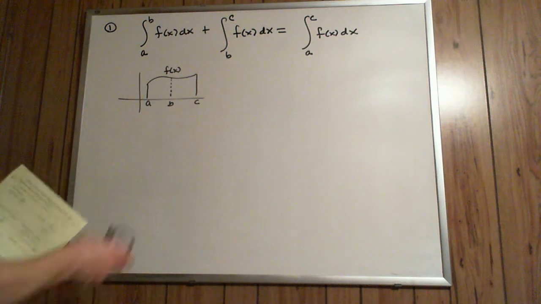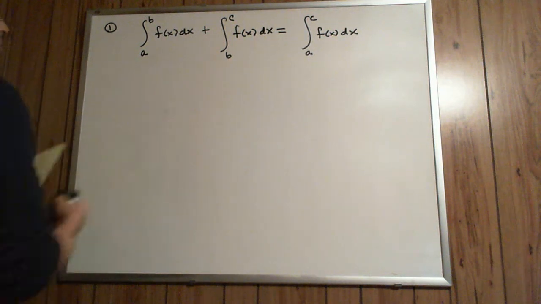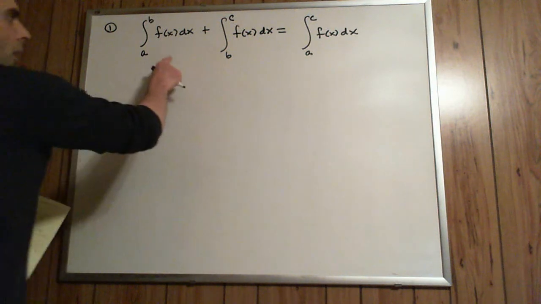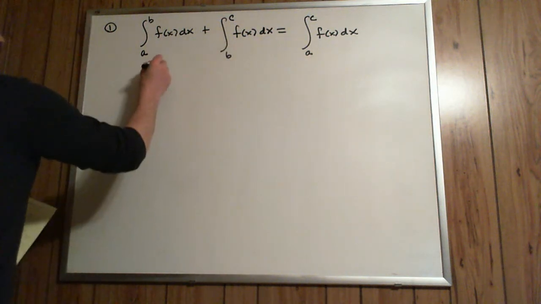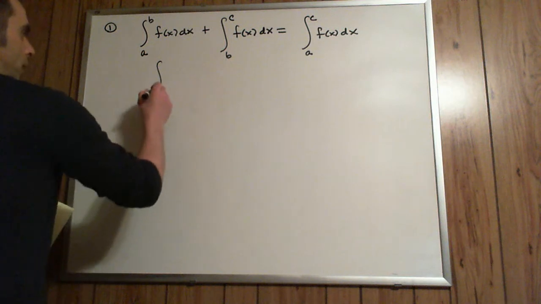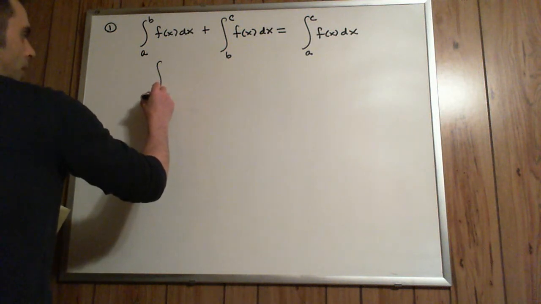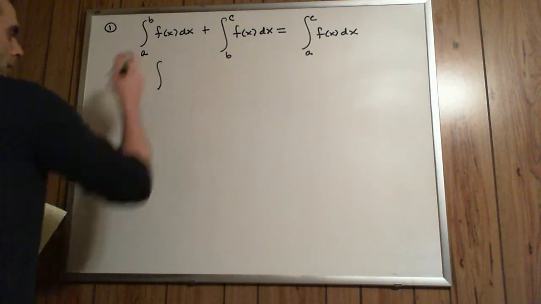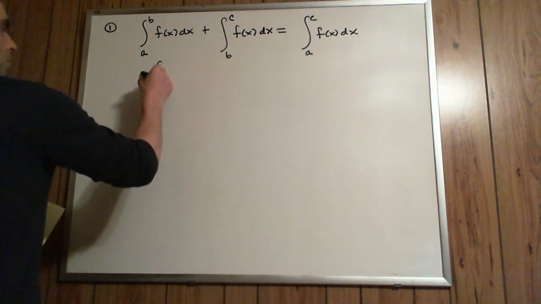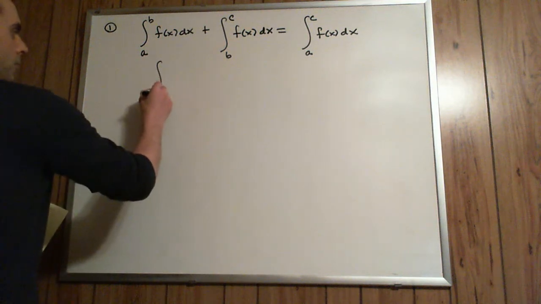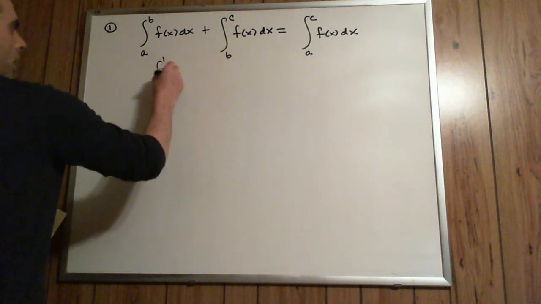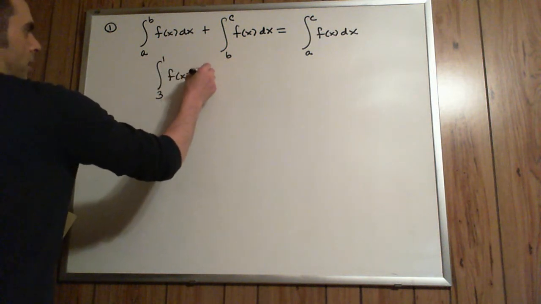Okay? And secondly, when we use geometry to get the value of a definite integral, if we integrate from a higher number, because we're used to going from lower to higher. So if the higher number is on the bottom, suppose we have 3 to 1 of f of x dx.